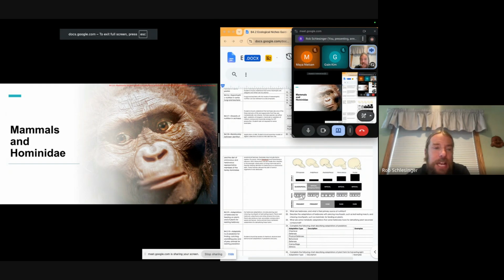But the basic idea behind this assessment statement is that as primates, specifically hominids, evolved, our diets became more varied, right? We introduced more and more meat to our diet.